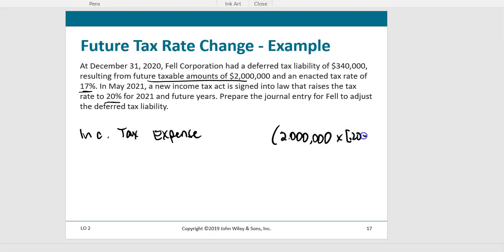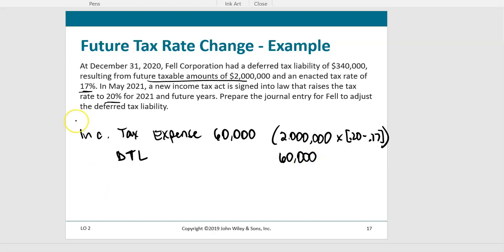So it's going to go up 3%. We're going to owe 3% more. So 3% times 2 million, income tax expense goes up 60,000, and the deferred tax liability is also going to go up by 60,000.